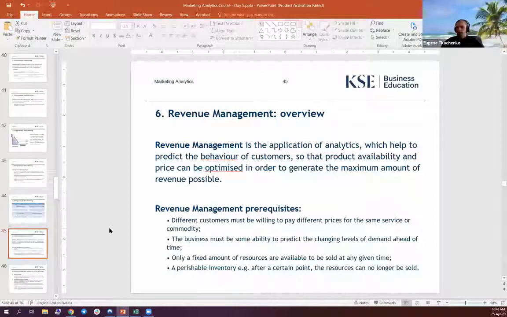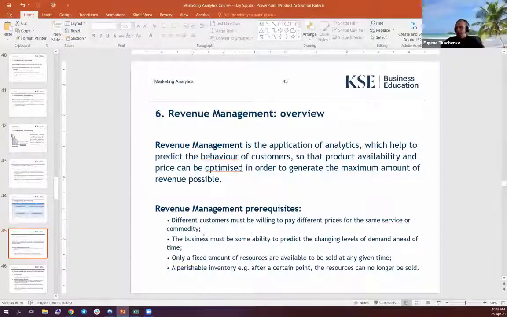So overall, we are assuming that, first of all, we have either of those conditions. We have either different groups or different customers who are willing to pay different prices for the same services or commodities based on, for example, their sense of urgency, so right after the product introduction, or they can wait for some sort of sale or some bundling offers coming in.